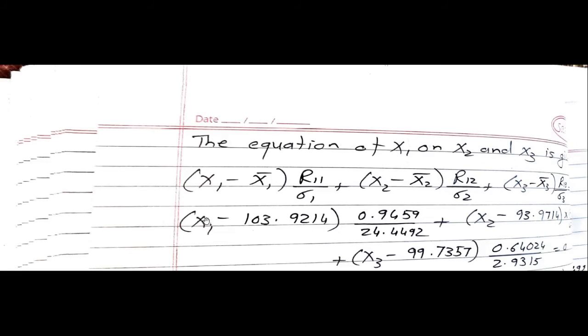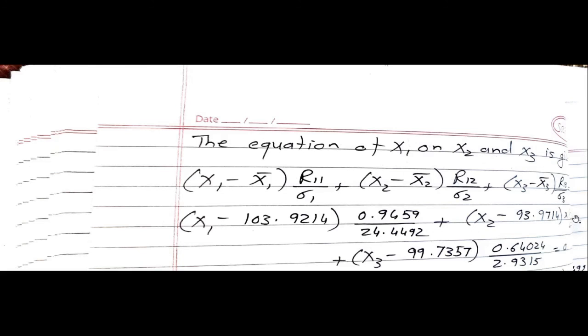So equation becomes x1 minus 103.9214 into 0.9459 divided by 24.4492 plus x2 minus 93.9714 into R12 value is minus 0.2393 divided by sigma 2 value is 45.4930.